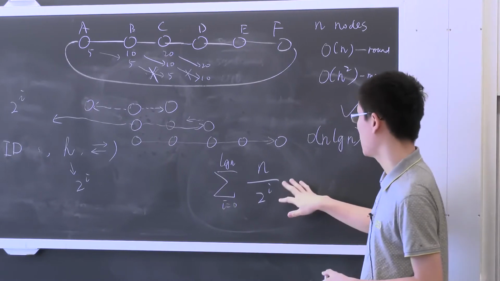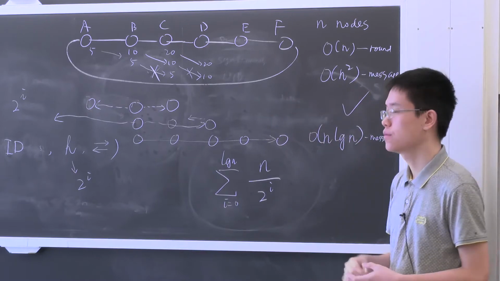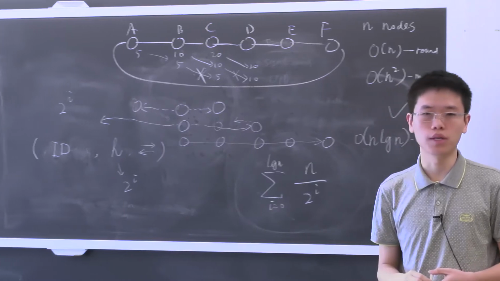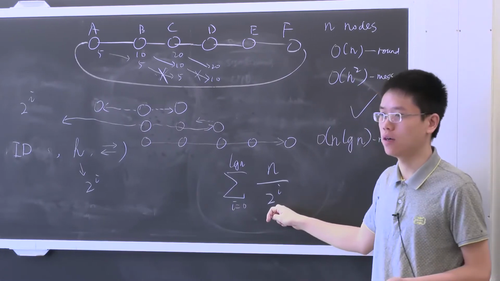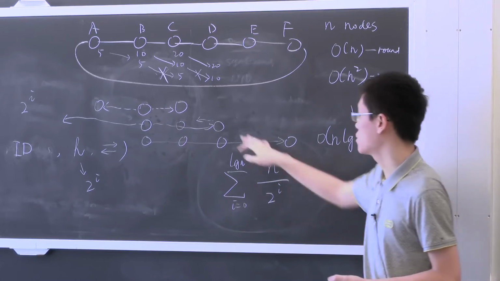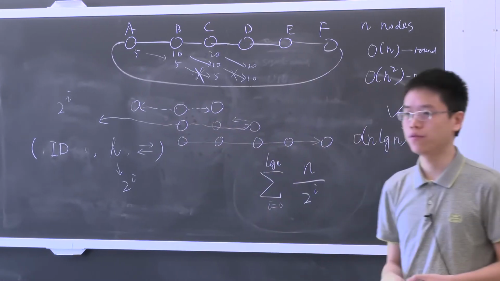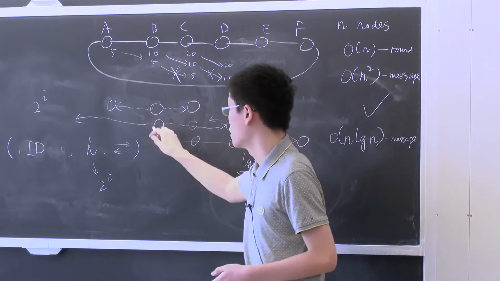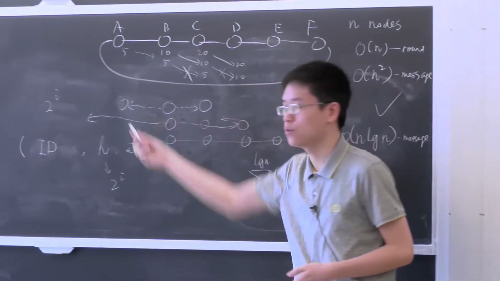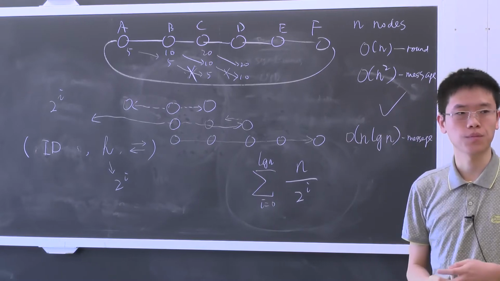Why? Because the first time everyone is active. In the next round, only 1/3 of them will be active, but we said we are conservative here and we put 1/2. Next round is actually 1/5, because if it's a local maximum, it means these two and those two will go inactive.